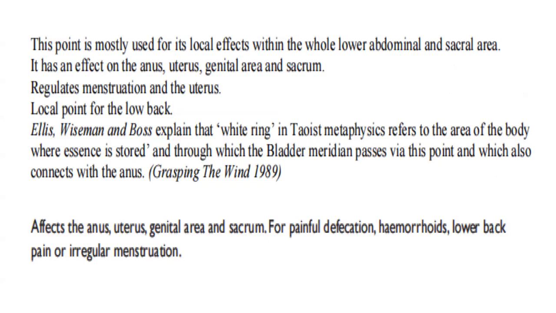Ellis, Wiseman, and Boss explained that White Ring in Taoist metaphysics refers to the area of the body where essence is stored and through which the bladder meridian passes via this point, and which also connects with the anus. So it affects the anus, uterus, genital area, and sacrum. For painful defecation, hemorrhoids, lower back pain, and painful or irregular menstruation.